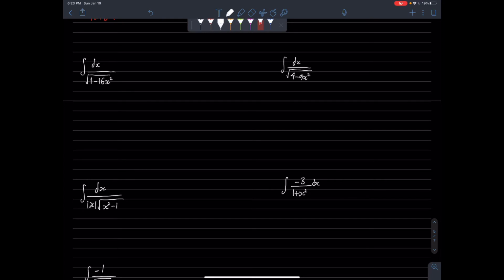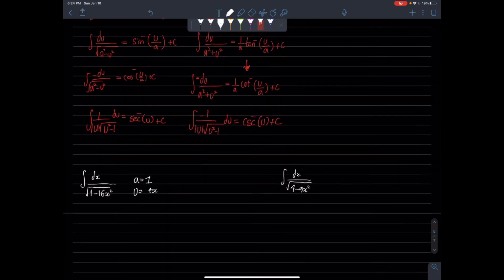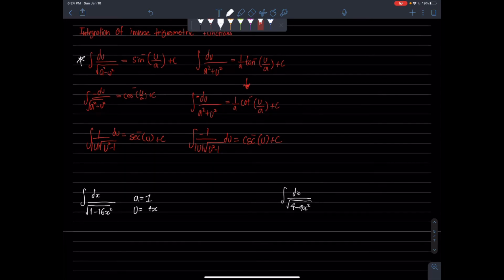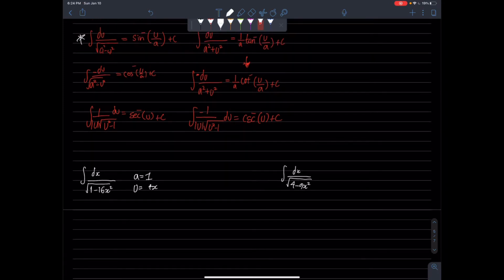So in this one, we have our a is equal to 1 and our u is equal to 4x, right? So what does this formula fit though? It fits the first one, no? So let's do that. But there's a little trick here because, see, u there has no constant. The constant in front of it is 1. Here it's 4, right?